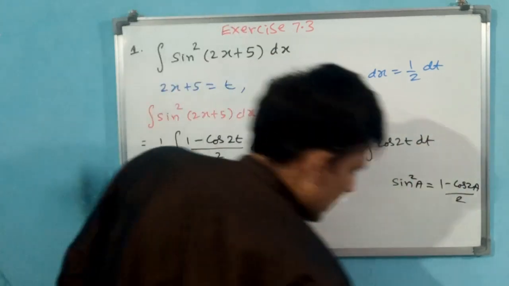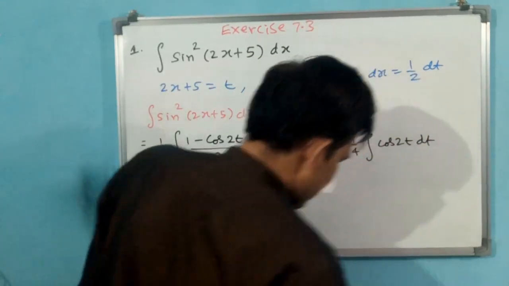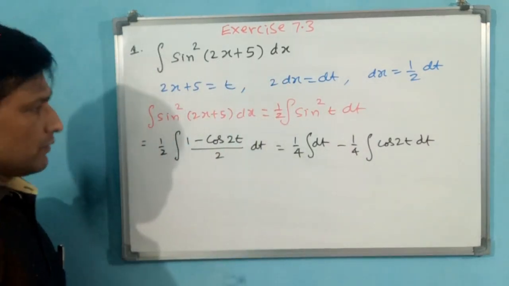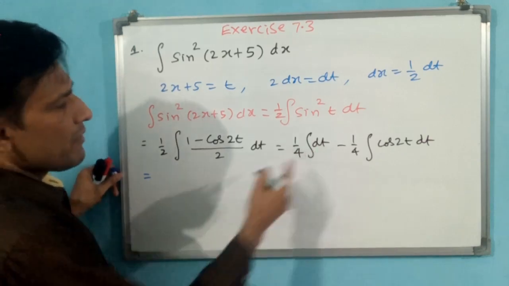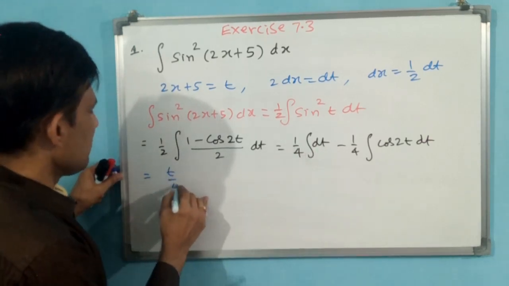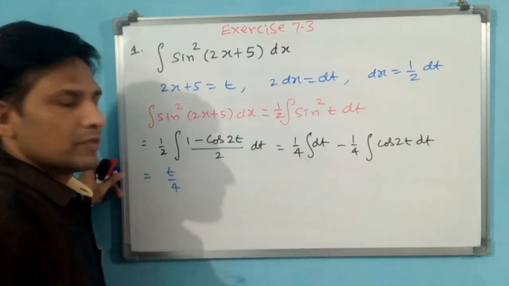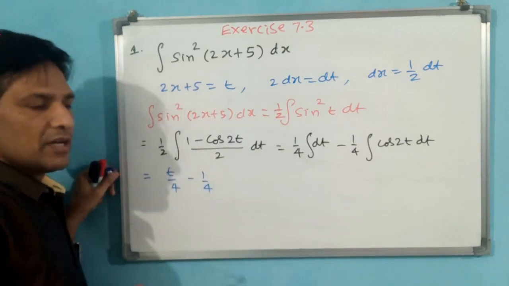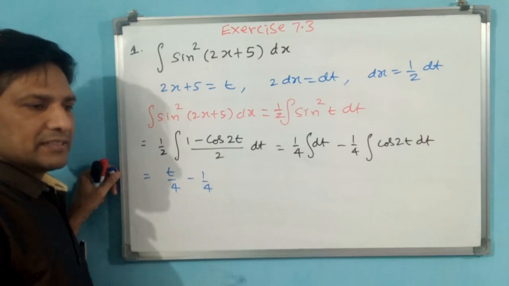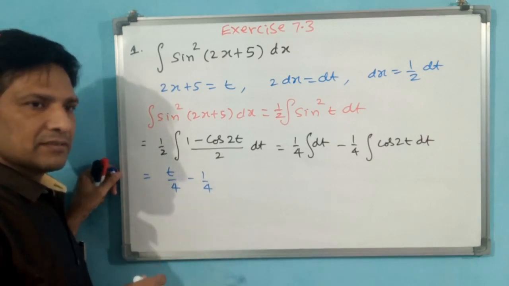This formula I am removing. Why? Because this formula, that is why I have written earlier. If you know those, then you can do it easily. Now you see 1 by 4 t, or t by 4, minus 1 by 4. Now you see cos 2t: d by dx sin x is cos x, integral cos x is sin x, that's all.